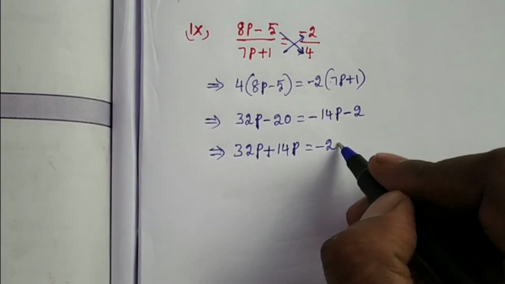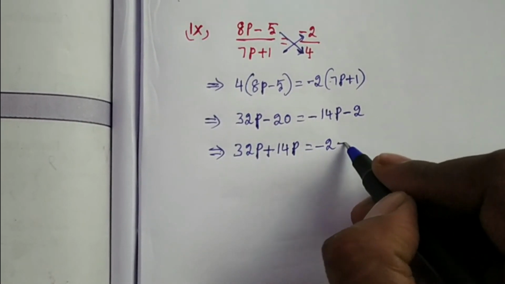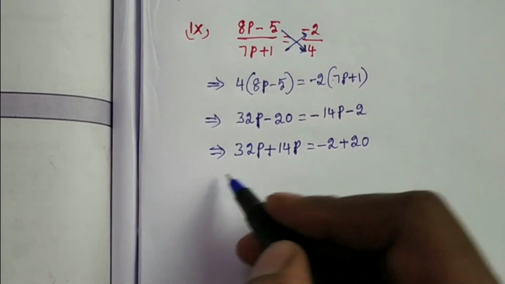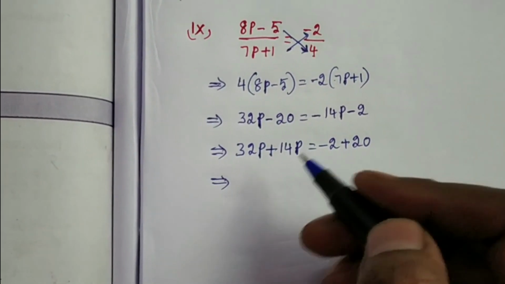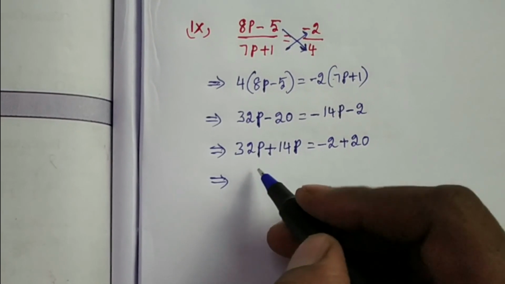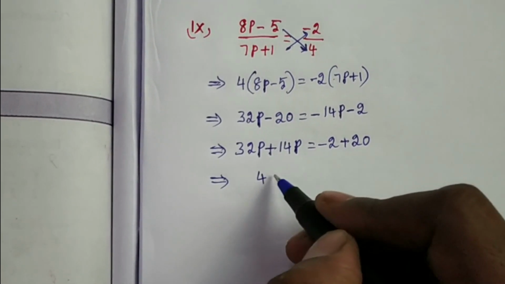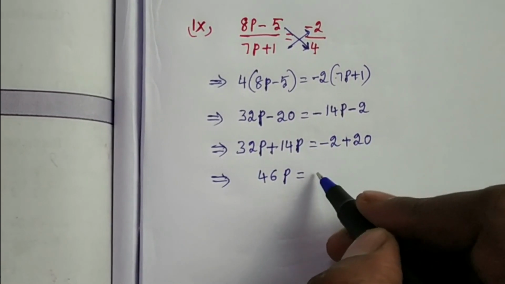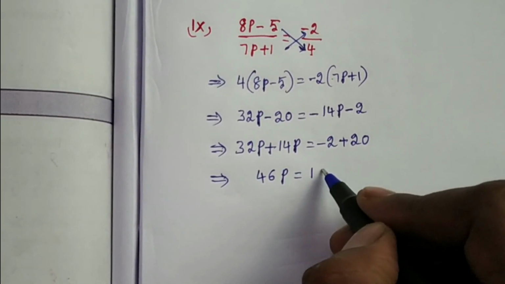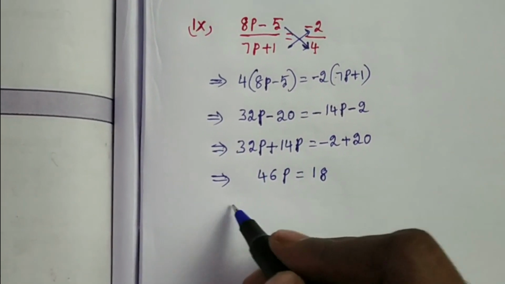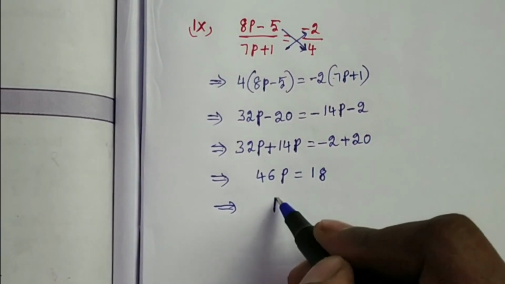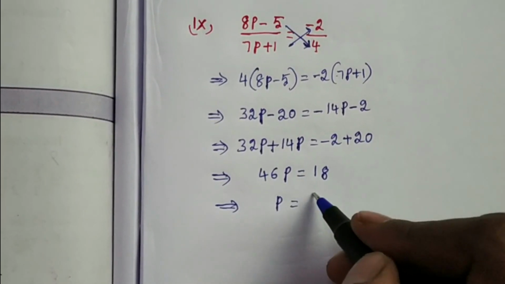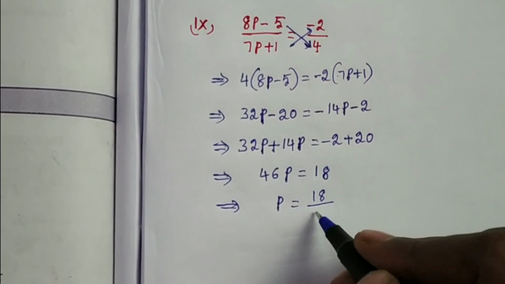This value will be plus 20. 32 plus 14p, that is equal to 46p is equal to 20 minus 2, that is 18. To find the value of p, send 46 that side, it will divide 18.